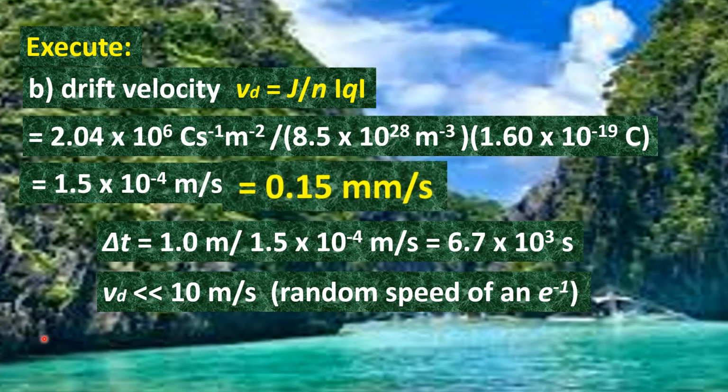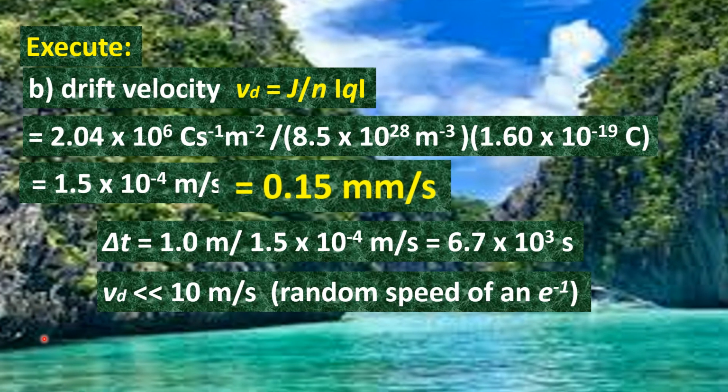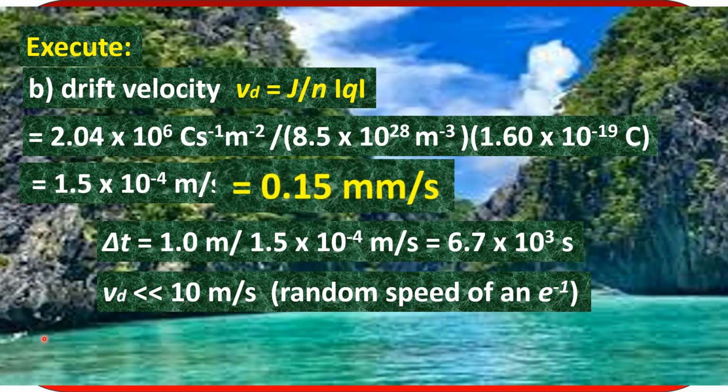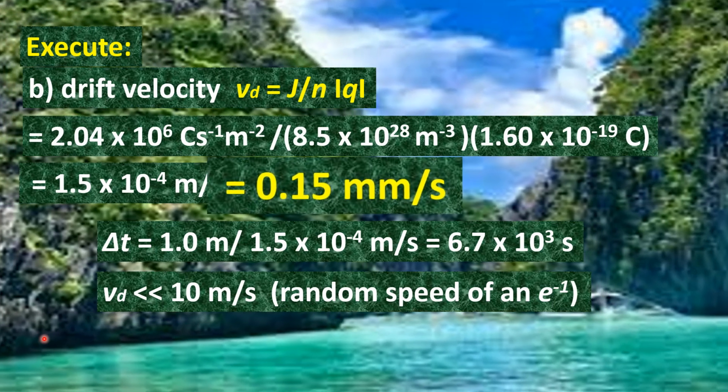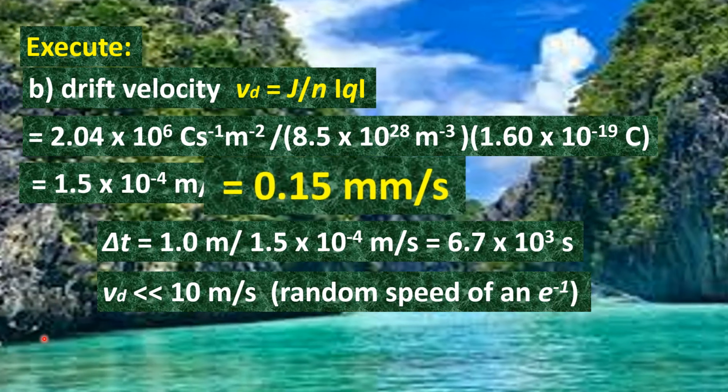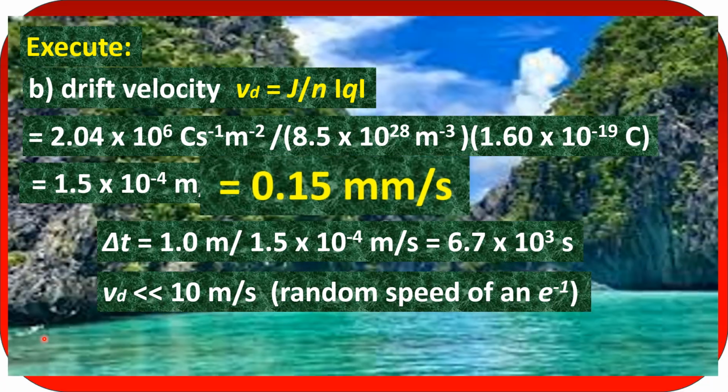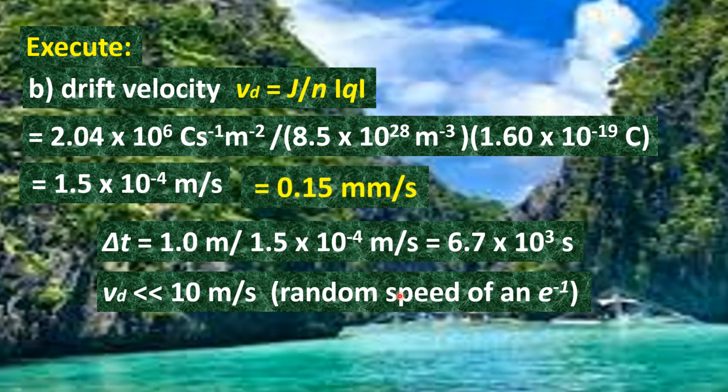Moreover, the speeds of random motion of the electrons are roughly 10 meters per second. That is around 100 times the drift speed that we calculated here.